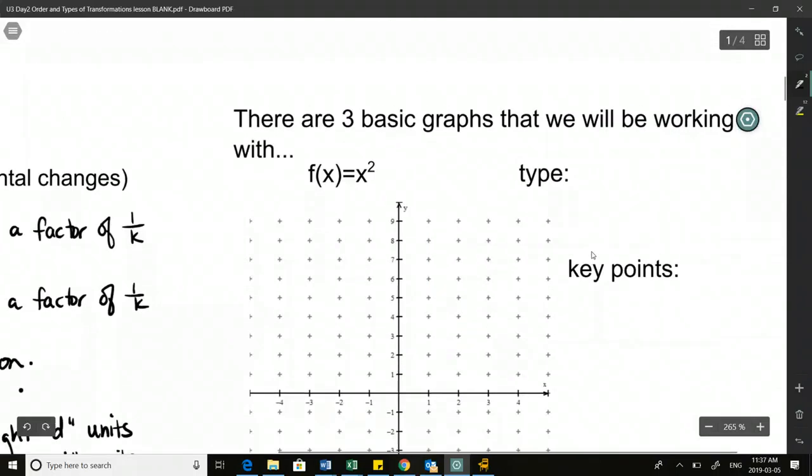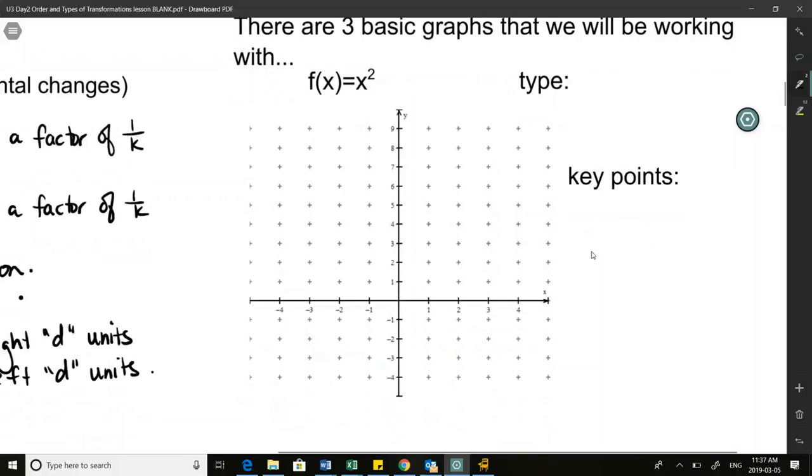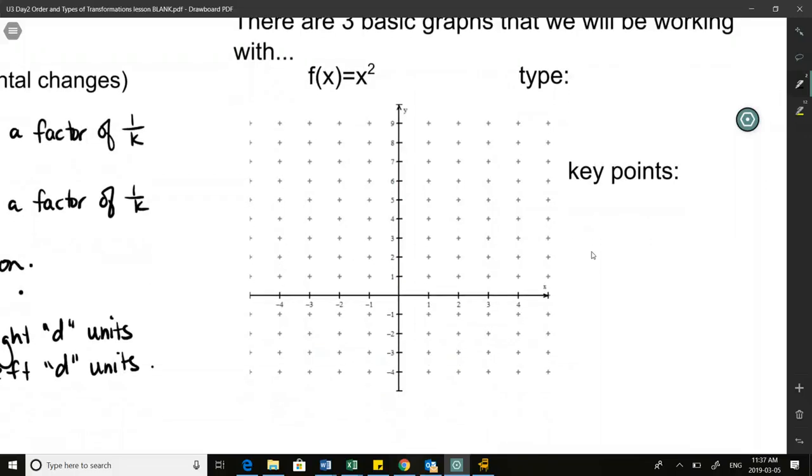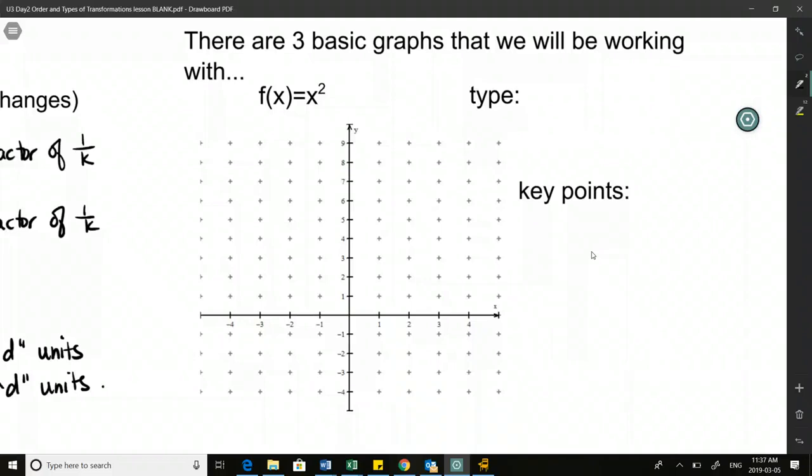The 3 basic graphs, I'm not going to graph these again because they're on your package. But it's good for us to make sure that we have these. If they're not in your package, you're going to want to go back and fill these out. I'll do them really quickly because most of you already have this.